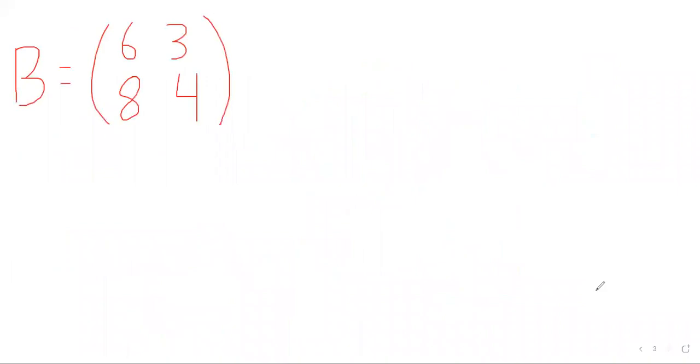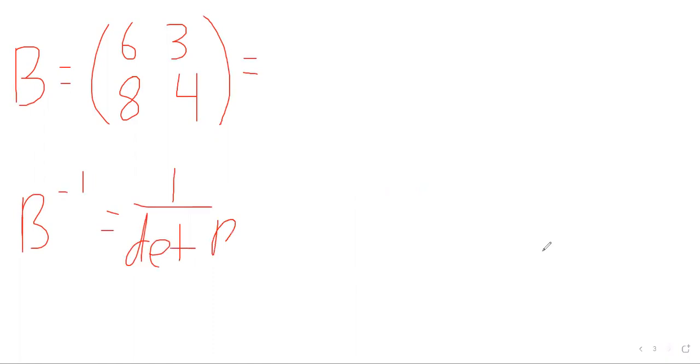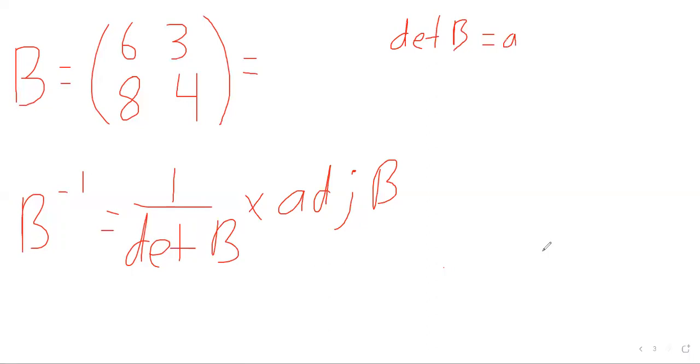Alright, one more. Same concept. So B inverse is equal to 1 over the determinant of B multiplied by the adjoint of B. Let's see if we can find the determinant of B, AD minus BC.